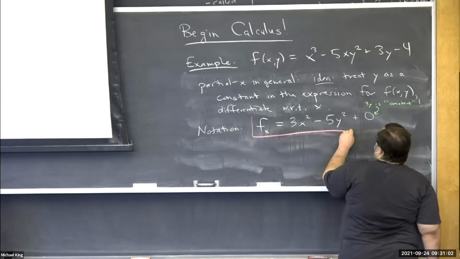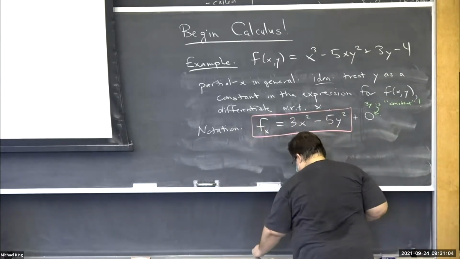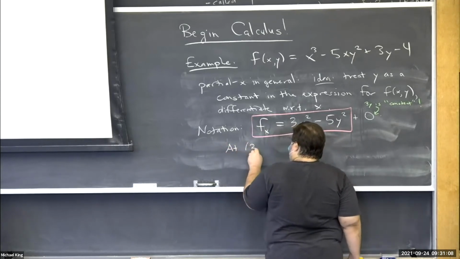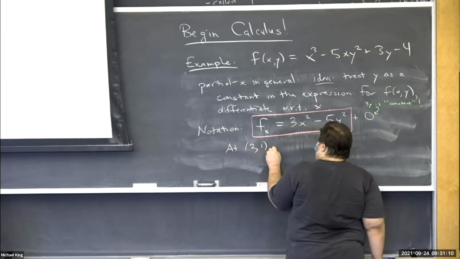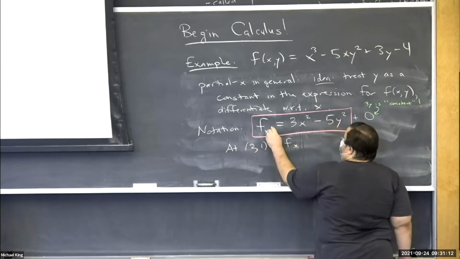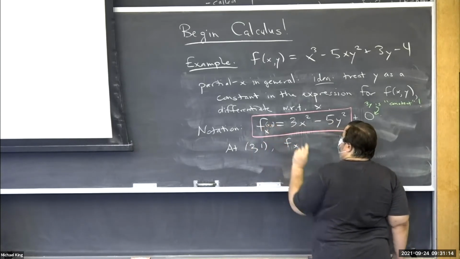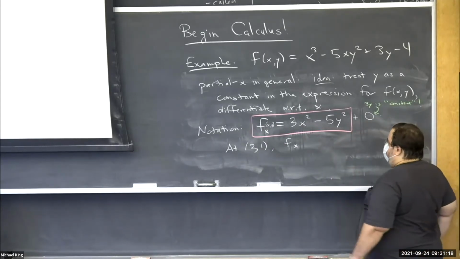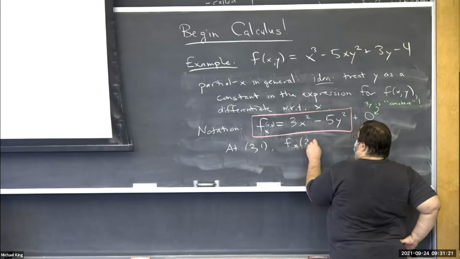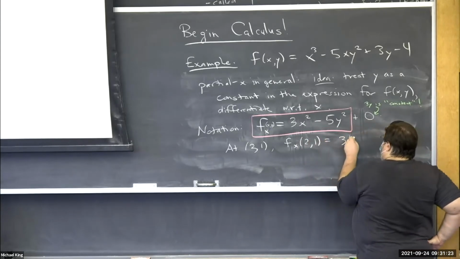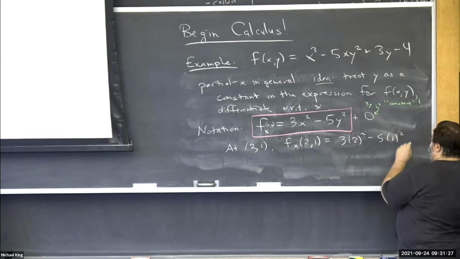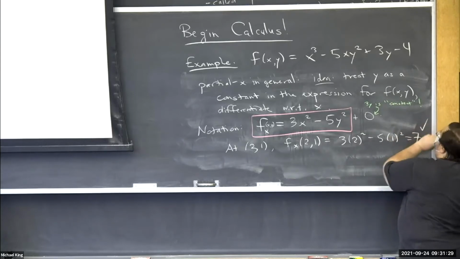It's not even at a point, it's just in general. Really, I should put x, y here. It's a function, like f prime of x, but it's a function of x and y. So f_x at 2, 1 is 3 times 2 squared minus 5 times 1 squared, which is 7, which agrees with what we had up there.